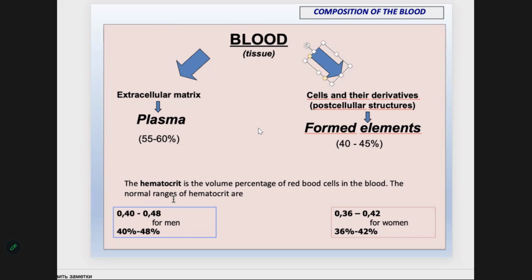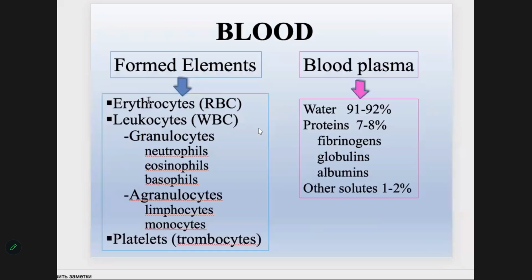So now look at the main percentage, and now we are speaking about the blood plasma. Look at this. The chemical composition of blood plasma: water up to 91 to 92%, and different organic and non-organic substances.